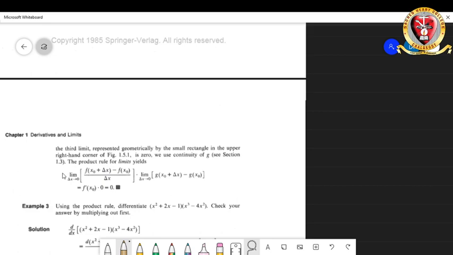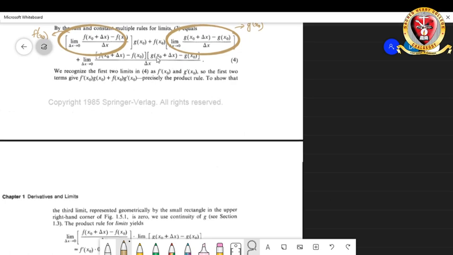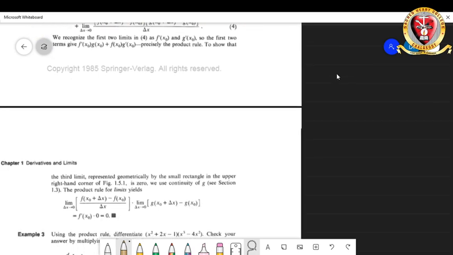So at last you are getting limit delta x tends to 0 of f of x naught plus delta x minus f of x naught divided by delta x, into limit delta x tends to 0 of g of x naught plus delta x minus g of x naught, which is nothing but this one. So that is actually tending to 0, and this is because we know that the function g is continuous.